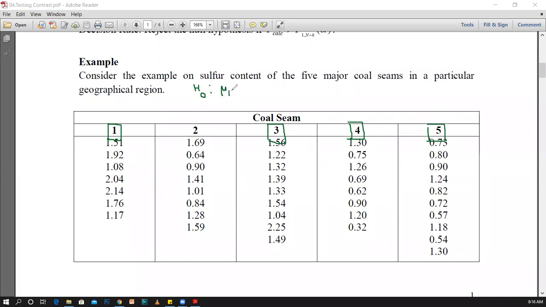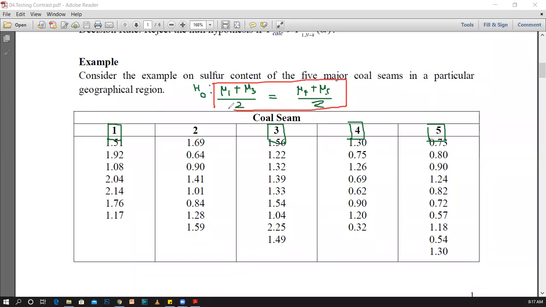I need to test whether the average value of 1 and 3 is equal to the average value of 4 and 5. Since this H naught is just a notation, so far we will only consider this part.